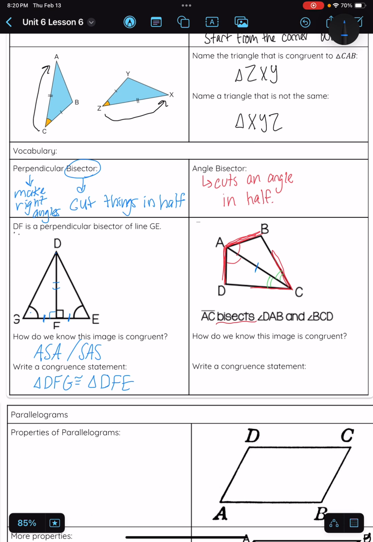This line is congruent because it's part of both triangles, ABC and ADB. Since we have an angle, a side, and then an angle, this is again angle, side, angle, and we know that they are congruent.